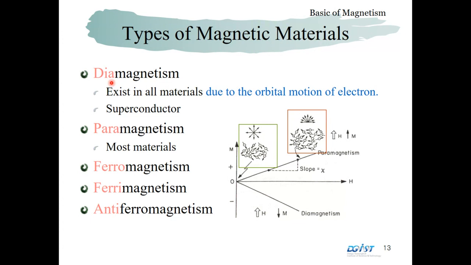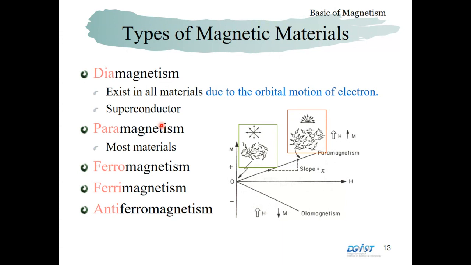It is very small. But in some cases, like a superconductor, which is called the perfect diamagnetic material, the effect of diamagnetism is very large. So maybe you heard about the Meissner effect, which means a superconductor can expel the magnetic field to the outside of the superconductor.